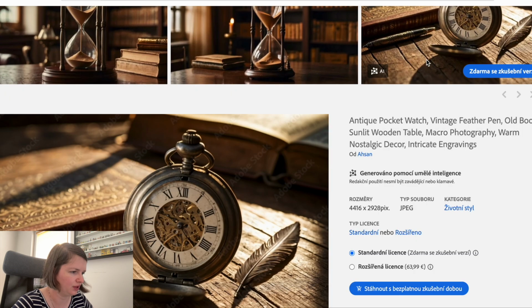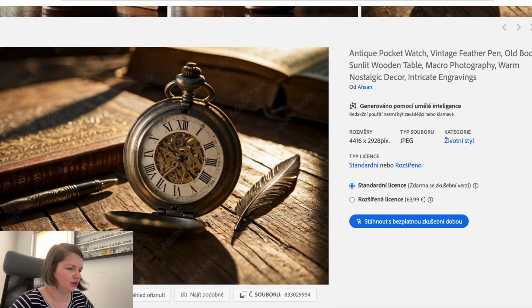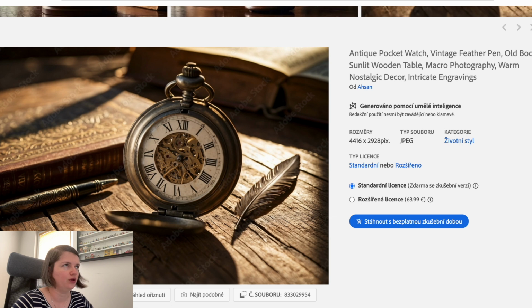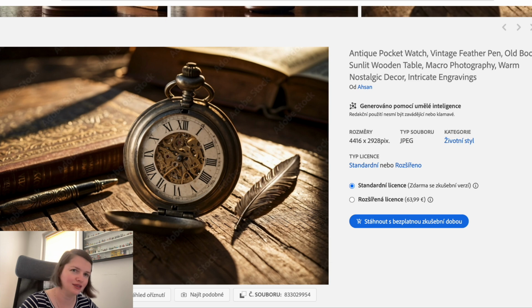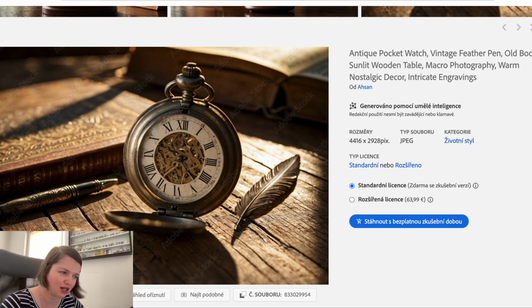This one, let's see. Antique pocket watch, vintage feather pen, old book, sunlit wooden table, macro photography, warm nostalgic decor. Okay, so nostalgia is quite popular, but it's more like the 70s, 80s, 90s kind of nostalgia.